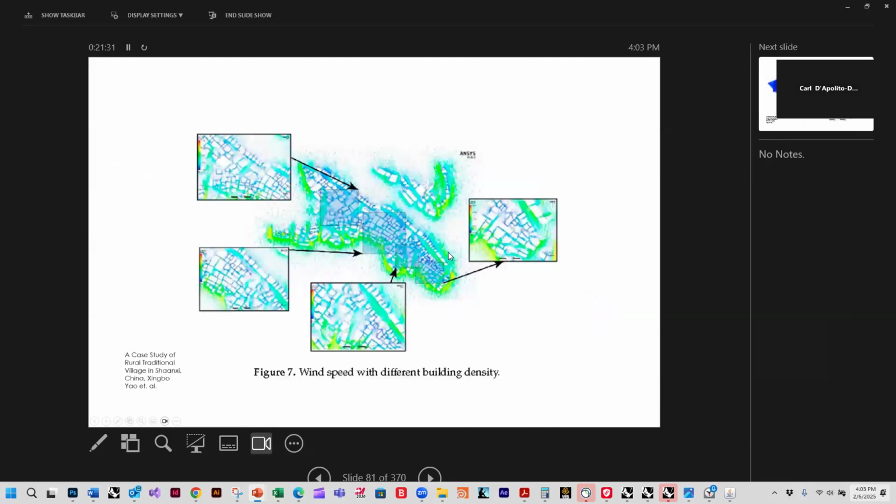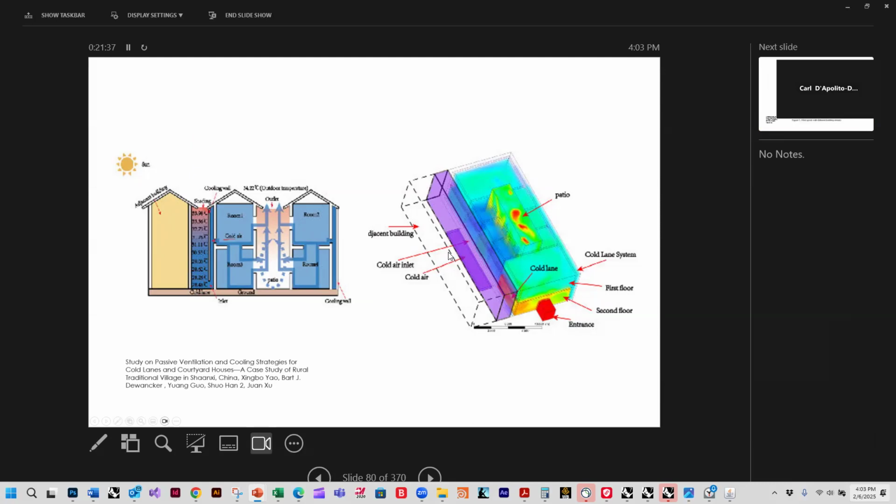So that's just a model of the whole city. The streets, because they're narrow, the wind also goes faster. So there's both wind pressure through here, and it's very cold because it's in shadow.